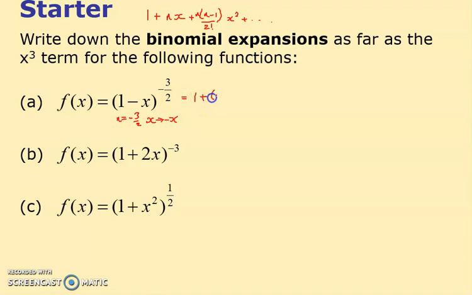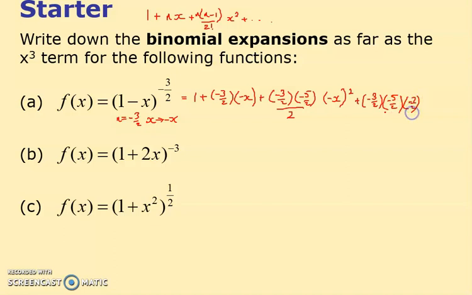It's 1 plus, there's my n, times my x, plus n minus 1, you just knock off 1, so it's minus 5 over 2 over 2 factorial, and then minus x squared, and then the last one, minus 3 over 2, minus 5 over 2, minus 7 over 2 over 3 factorial, which is 6, minus x cubed.